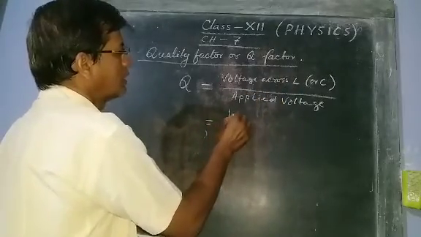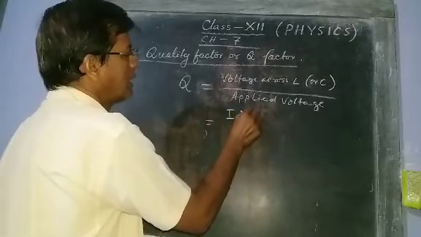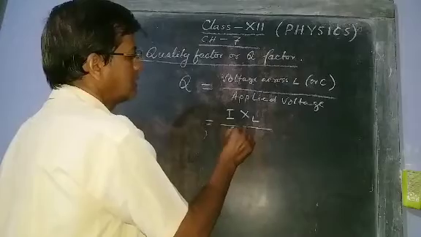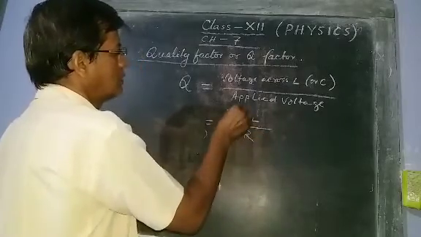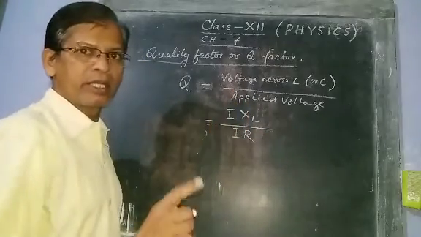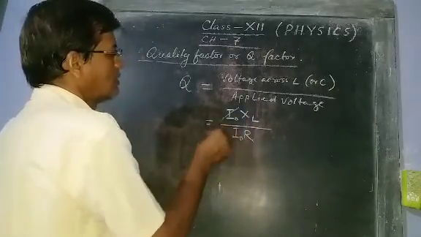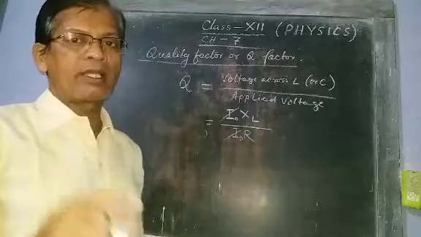V equals IR, so I times X L. Applied voltage is I R. So this is at resonance, so this is I naught. Quality factor is in the case of resonance.